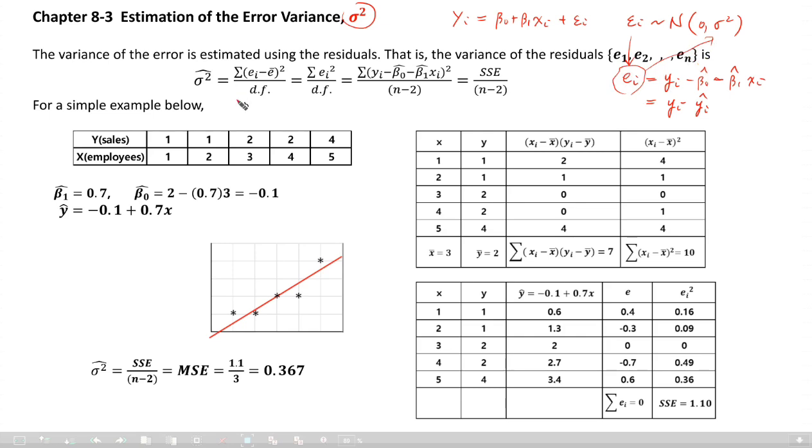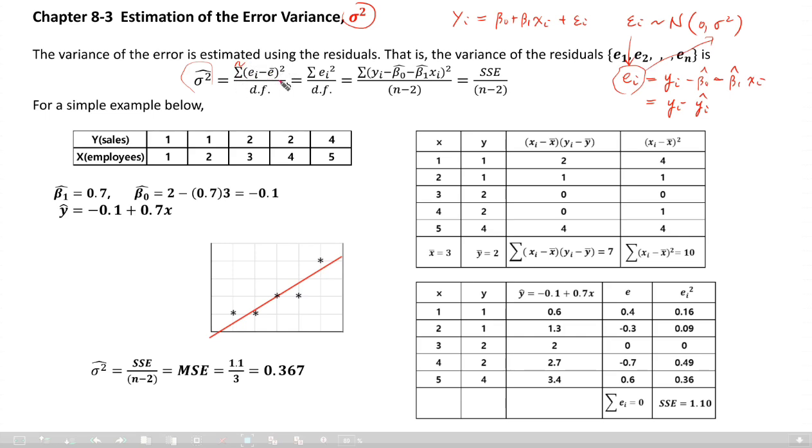Okay, so let's see here. Ei minus E bar, the deviation. This is the mean of epsilon, sorry, Ei minus E bar, deviation squared, the sum of them, i from 1 to n, divided by the degrees of freedom.